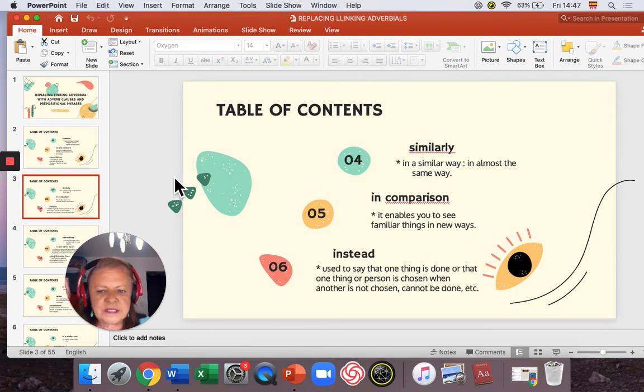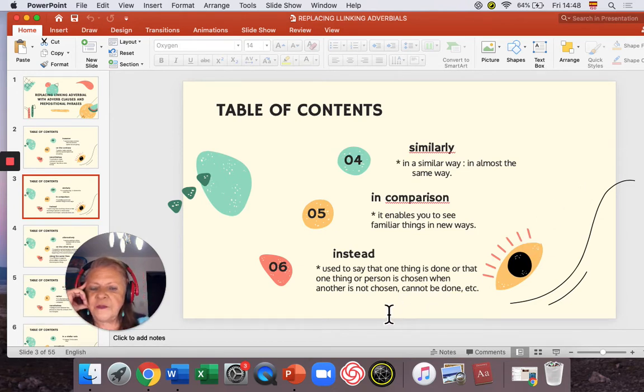The word says it all. It's in a similar way, almost the same. Okay? Next one is in comparison. Obviously, this is going to be to compare one thing with another thing. Okay?